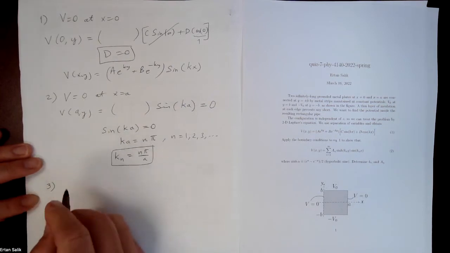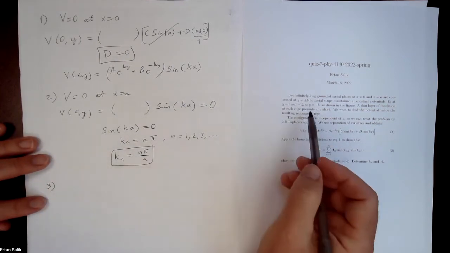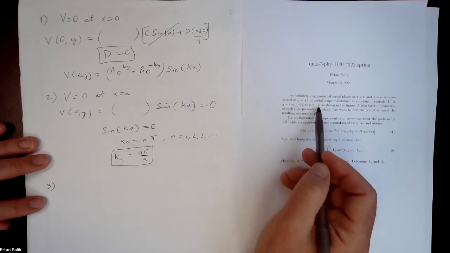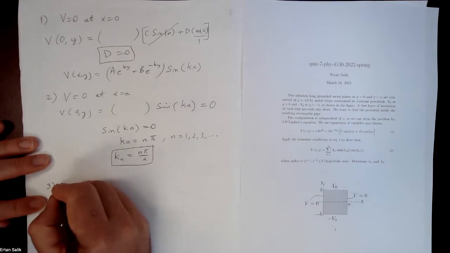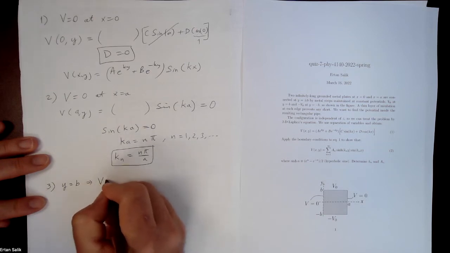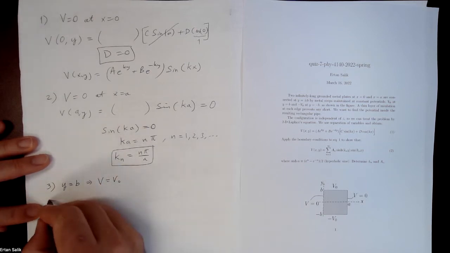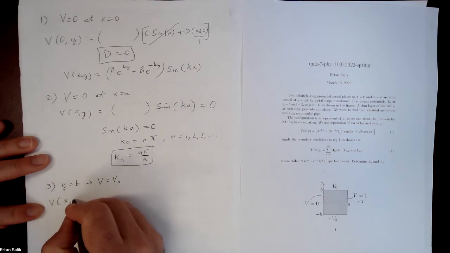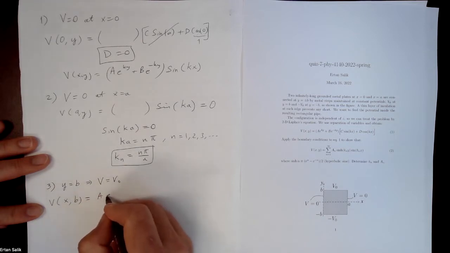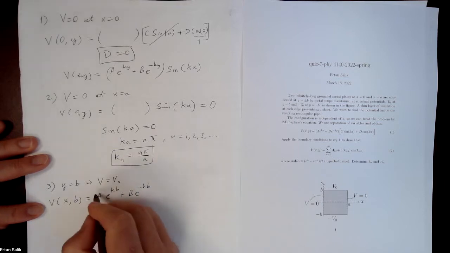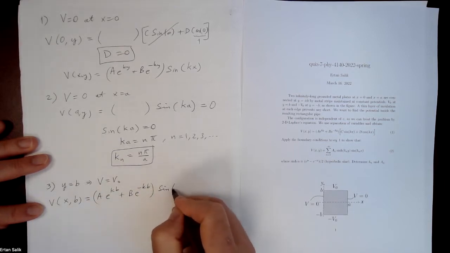The third boundary condition gives V equals V0 at y equals b, and the fourth boundary condition, V equals minus V0 at y equals minus b. So let's write that. V(x,b) is going to be A e to the kb plus B e to the minus kb, times sine of kx.